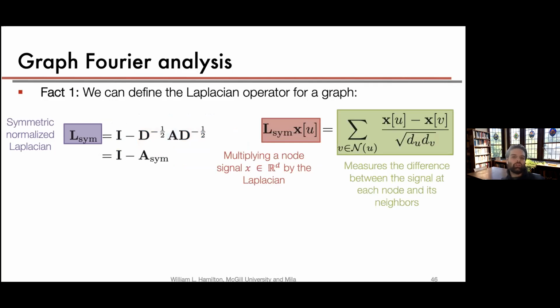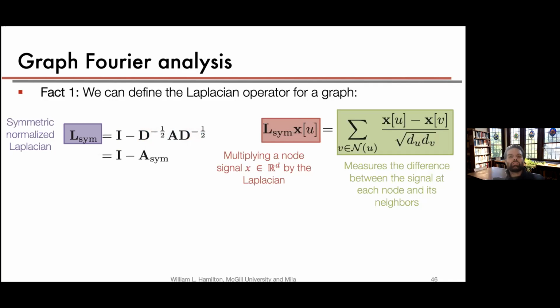How we can interpret this Laplacian matrix is that if we take a signal on the graph, where a signal is essentially a vector with one value at each node, multiply this graph signal x by the graph Laplacian L, and look at the entry for a particular node u, this corresponds to the difference between the signal at that node and each of its neighbors, normalized by their degrees.